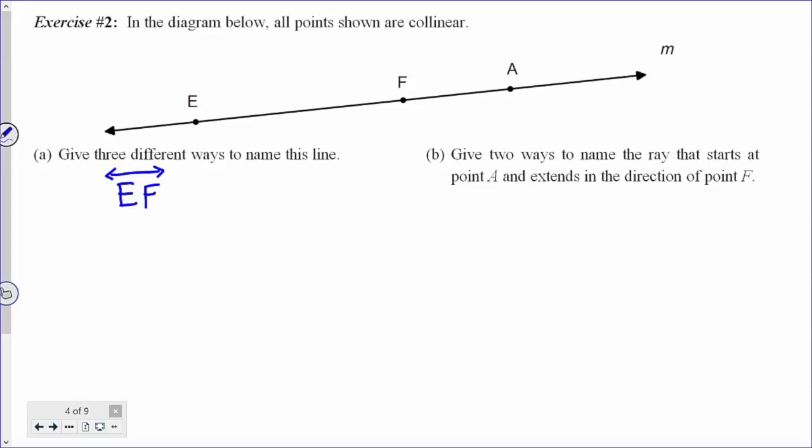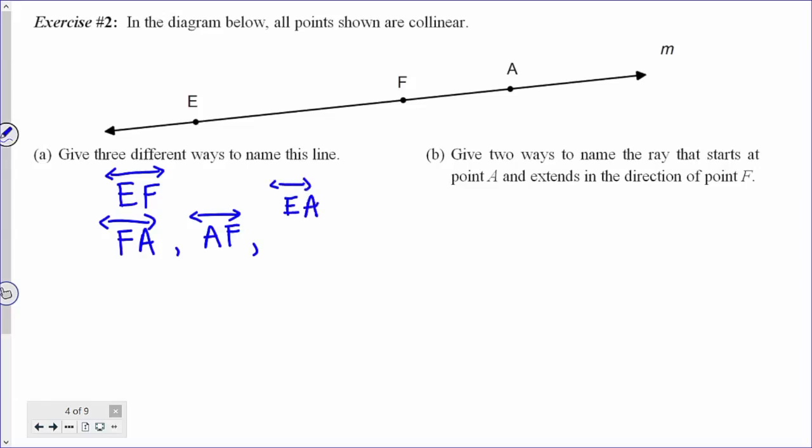Okay, well, again, we can pick any 2 points that lie on this line. For instance, you could say, well, we have line FA, right? And it doesn't matter what order you put these points in. So it could also be line AF. We could even have line EA. I know I'm listing way more than 3.